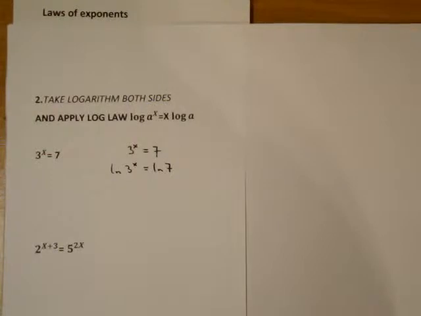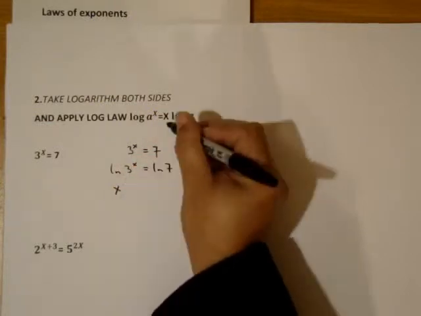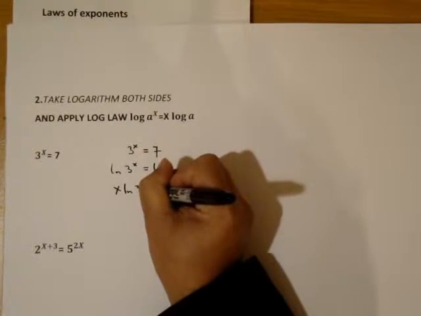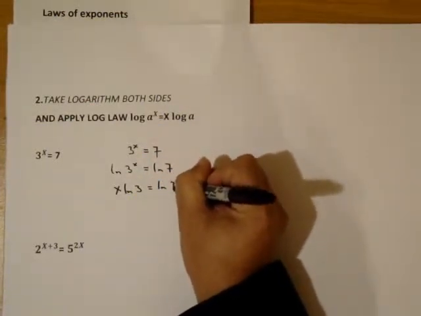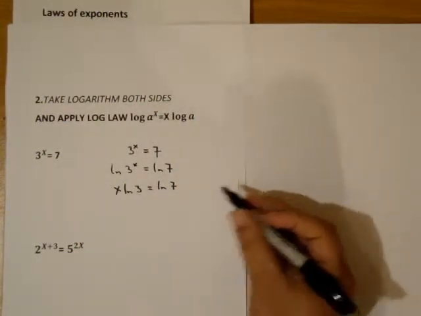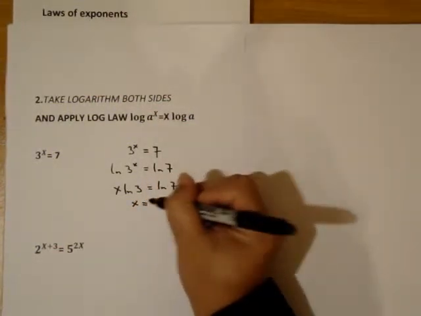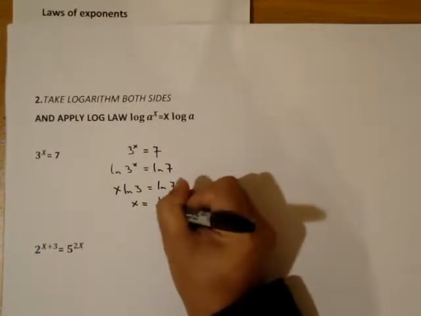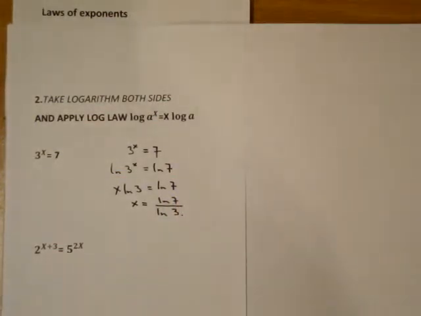Now what we do is we bring the x down using this log law, so x natural log 3 equals natural log of 7, and then we take the natural log of 3 to the other side to solve, and we get x equals the natural log of 7 over natural log of 3, and that's our answer.